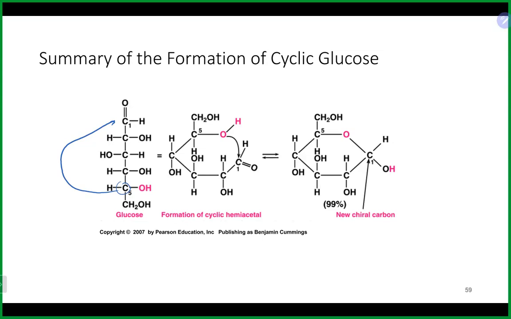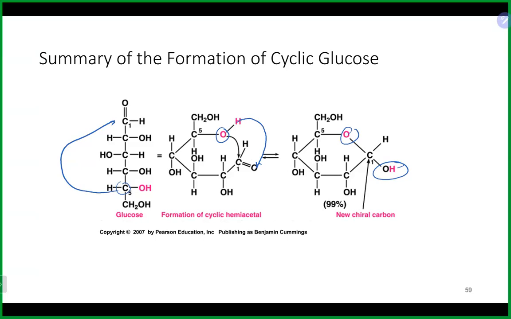And as you can see, there's a shift that occurs. This hydrogen ends up over here with the double-bonded oxygen, and that is where our OH group ends up. And this oxygen stays there and gets incorporated into the ring. So that is where we skip over the 5 and the 1, because of what's happening with those two as they come together to close the ring.